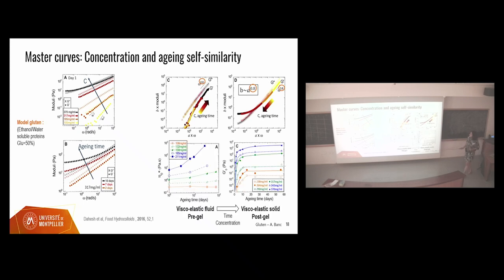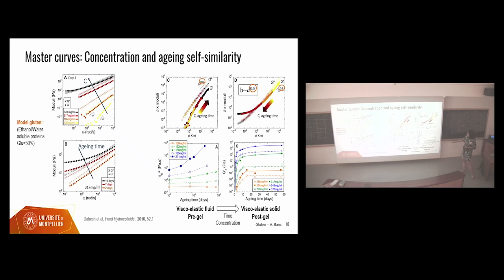With this kind of master curve, we can define the viscosity at low frequency and the elastic modulus at low frequency. So we can plot this viscosity as a function of aging time. We can see that for the highest concentration here, we have a divergence of this viscosity.